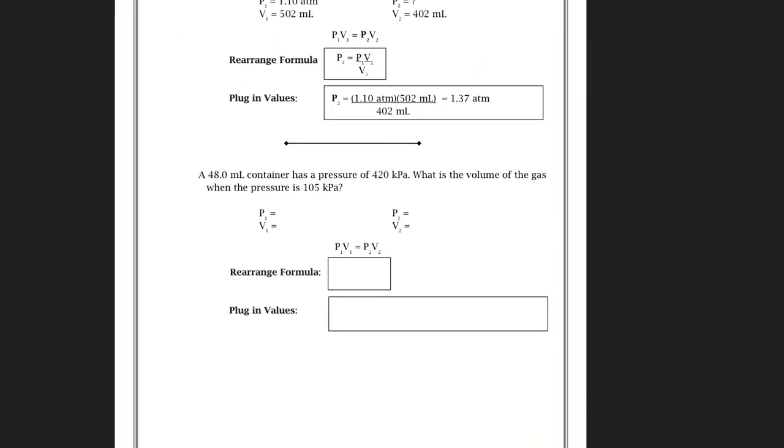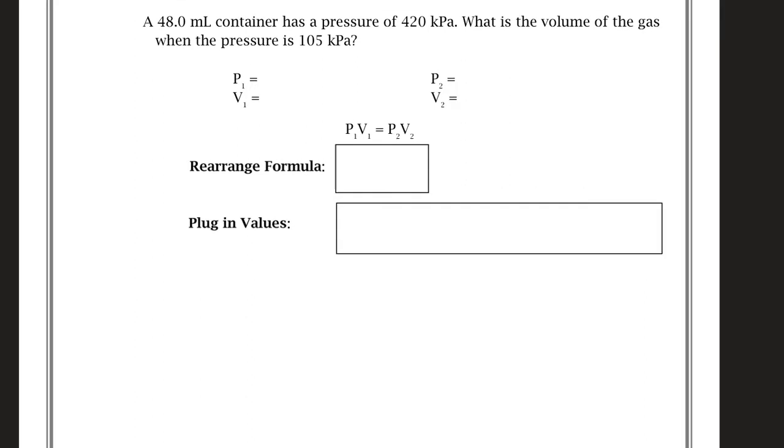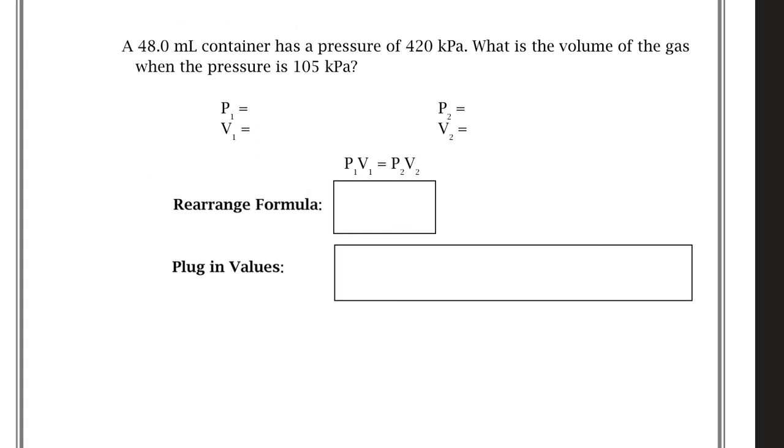When we're doing a problem with this, again, we're going to pull the variables out that we need. You've got a 48.0 milliliter container that has a pressure of 420 kPa. What is the volume when the pressure is 105 kPa? So my volume, I'm going to say this is volume 2. There's my unknown.